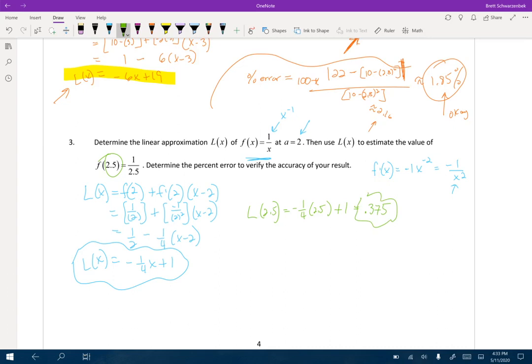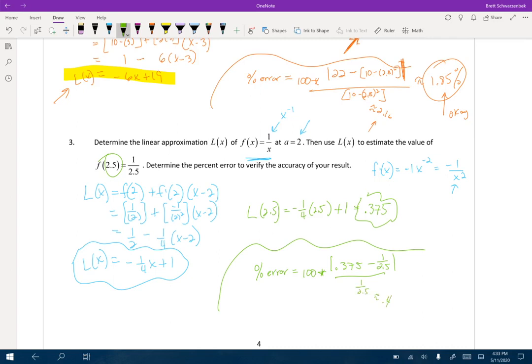Okay, so again, we need to find the percent error. So percent error is going to be equal to 100 times our linear approximation, which is 0.375, minus 1 over 2.5, which, by the way, is going to be 0.4, which I'll write down here. Okay, that's going to be 0.4.